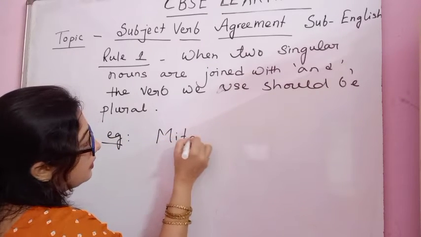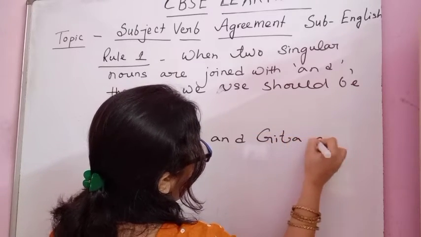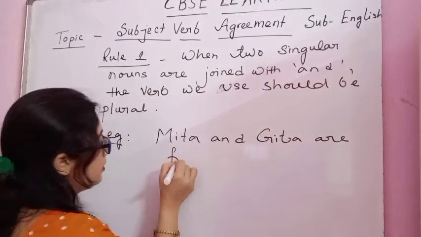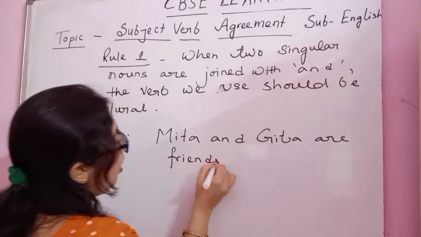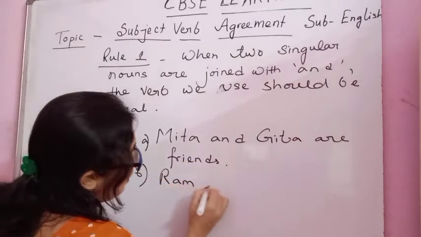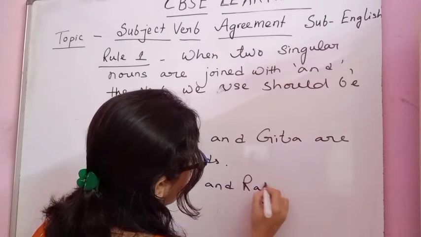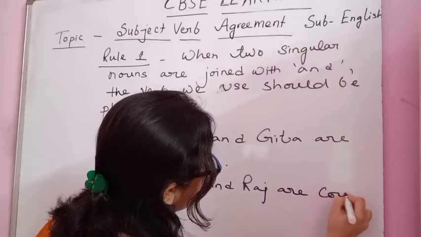For example, Meeta and Geeta are friends, or Ram and Raj are cousins.